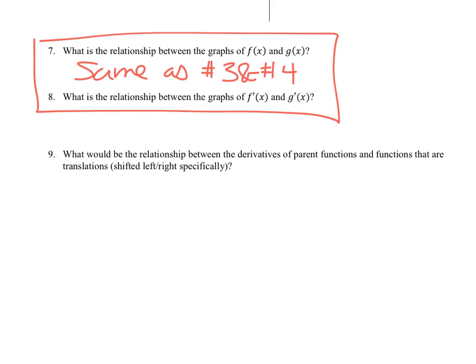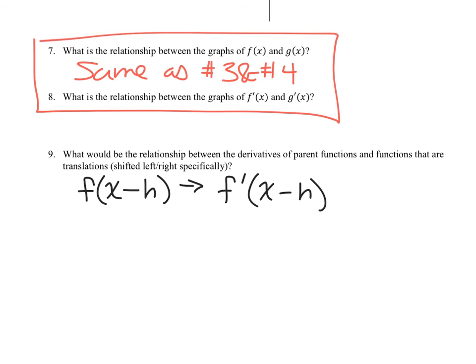So I'm going to write it in symbolic notation. You could write it in words if you want, but if I have some function f of x minus some value h, its derivative would be f prime of x minus h.